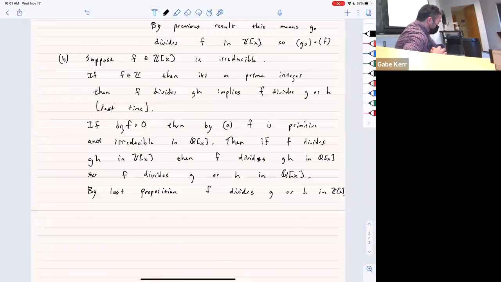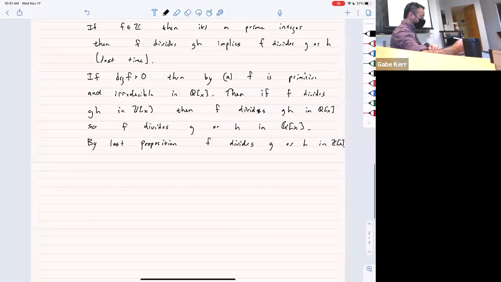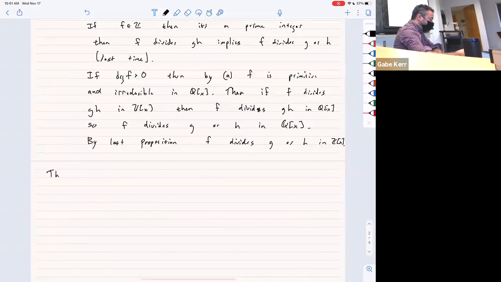And the other is that irreducibles are prime. You can look over that result and use this proposition that we just did to prove very easily this theorem, which I won't do, which is just that Z[x] is a UFD.